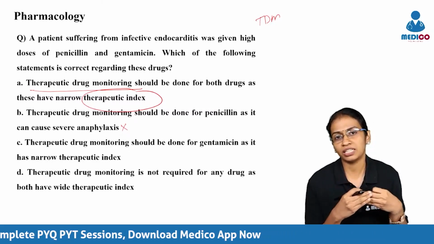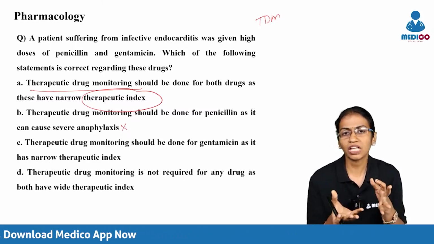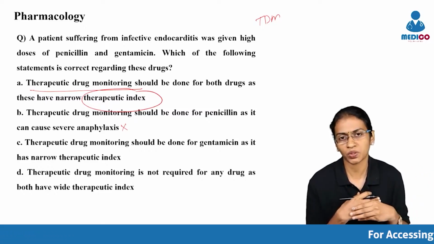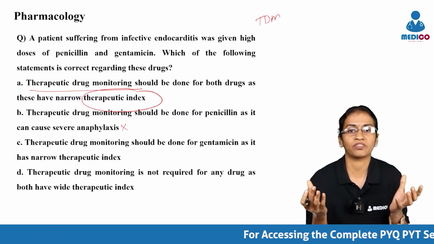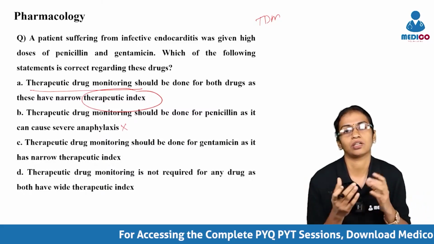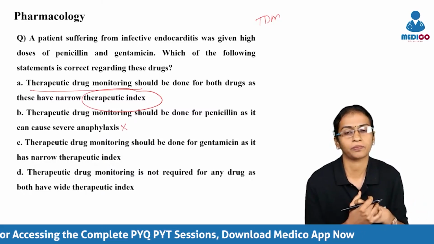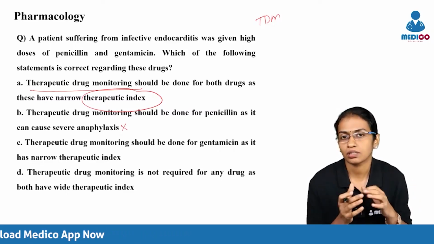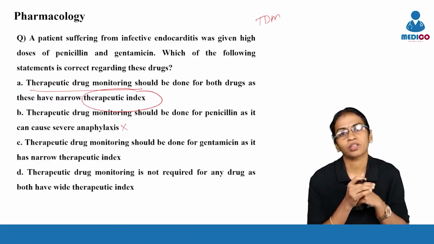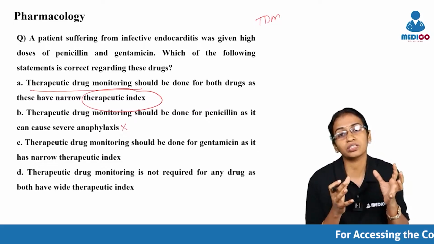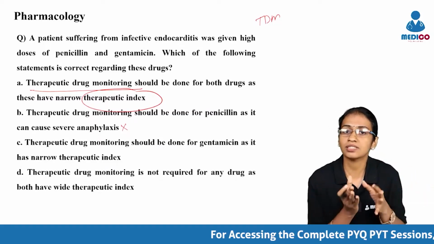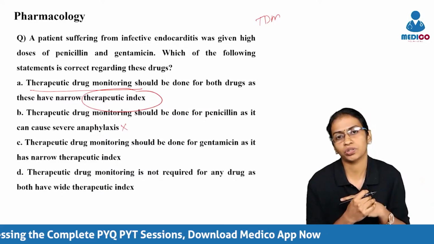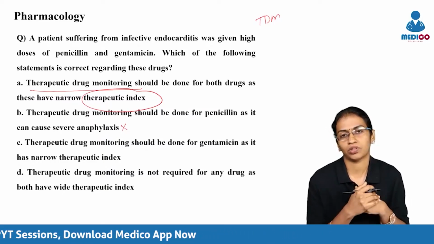In the case of anti-diabetic agents, you can just look at the blood sugar values to see whether metformin or glimepiride is working. Or in the case of warfarin, we have INR, which is a good test to correlate the action of warfarin. So if you have good clinical markers, you need not do therapeutic drug monitoring. Or if the drug has a wide therapeutic range and is a safe drug, you need not take all the botheration to do therapeutic drug monitoring.